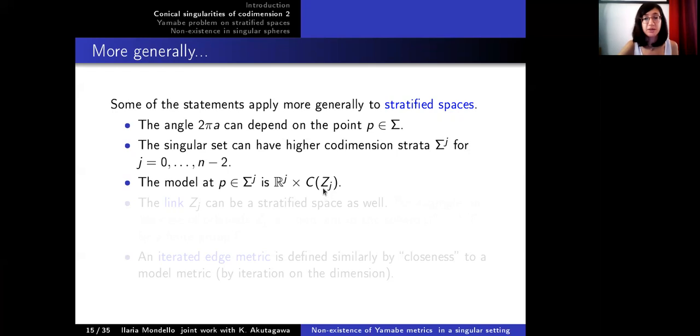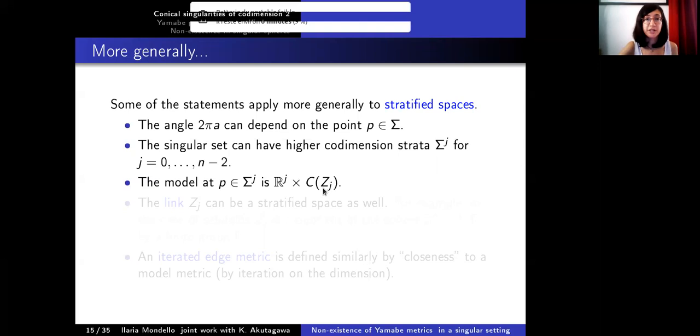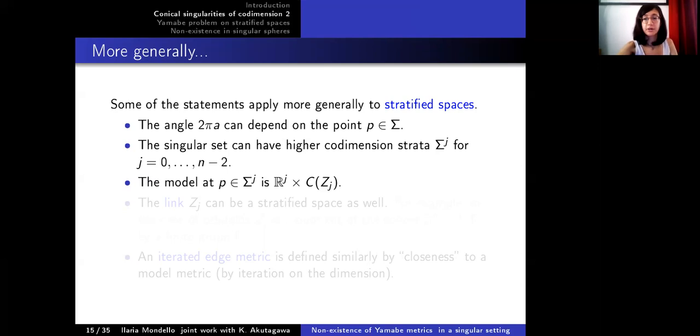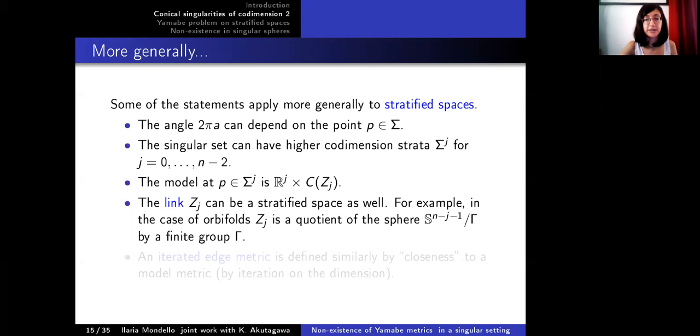This metric space is also a stratified space, so you can have singularities inside one another. In particular, this link, as I said, can be a stratified space. And if you consider the case of orbifolds, which are stratified spaces too, the link here is usually a quotient of the sphere, which is not necessarily smooth.